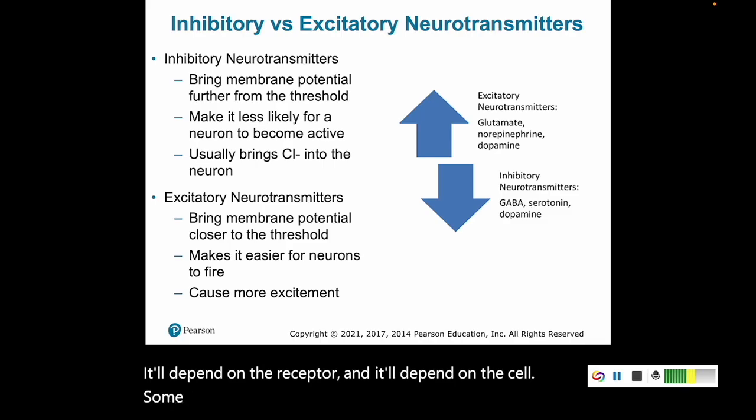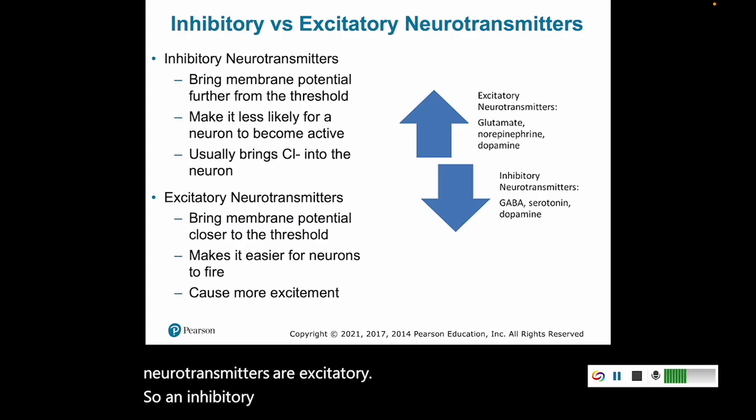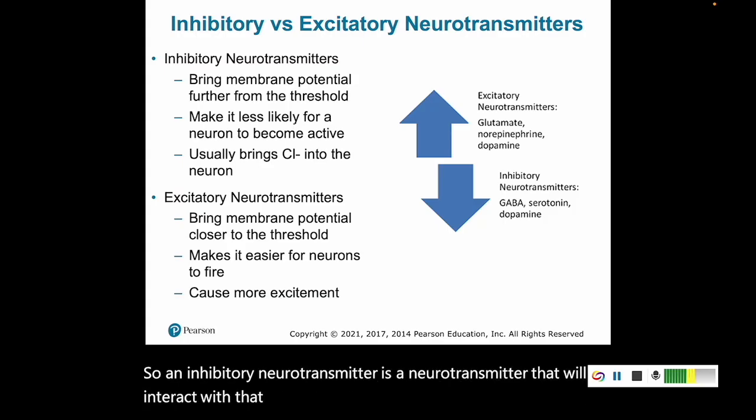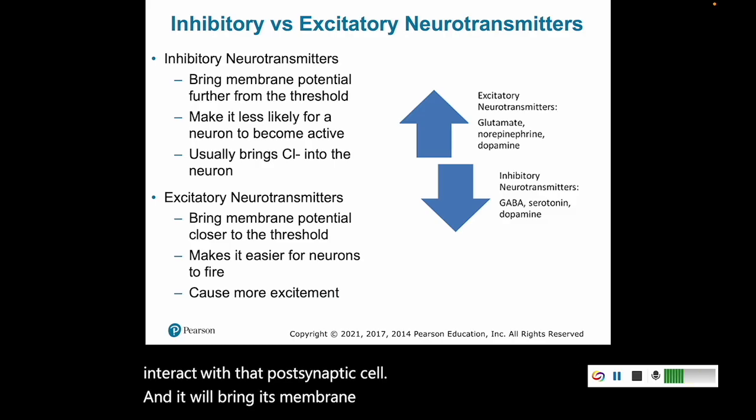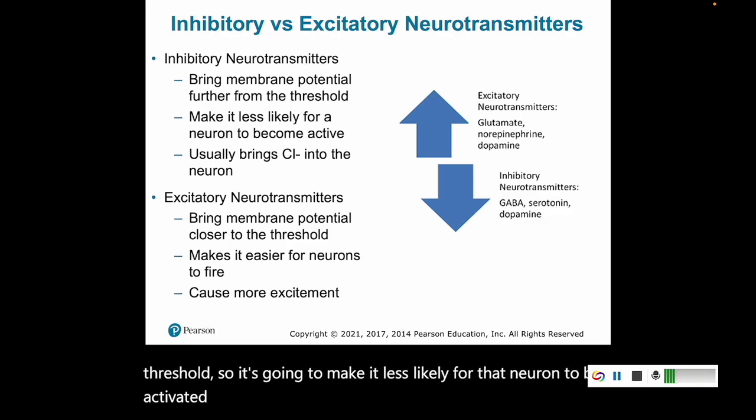Some neurotransmitters are inhibitory, and some neurotransmitters are excitatory. So an inhibitory neurotransmitter is a neurotransmitter that will interact with that postsynaptic cell, and it will bring its membrane potential further from the threshold. So it's going to make it less likely for that neuron to be activated, usually because the channel will allow chlorine to come into the neuron.